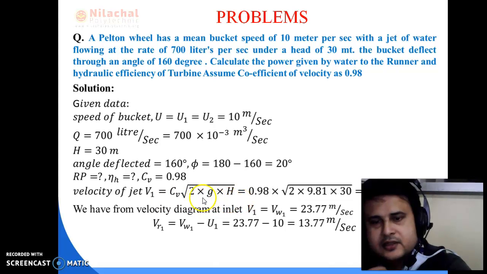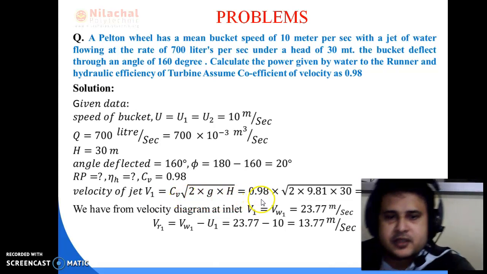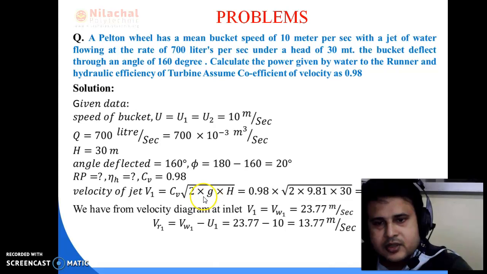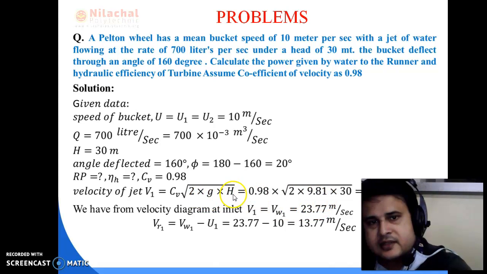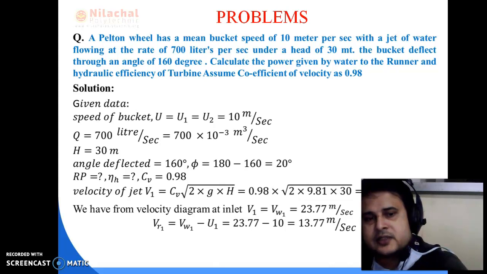For Cv it is 0.98, for g it is 9.81, and for head h it is 30 meter. So now we can calculate the velocity of jet V1 as 23.77 meter per second.